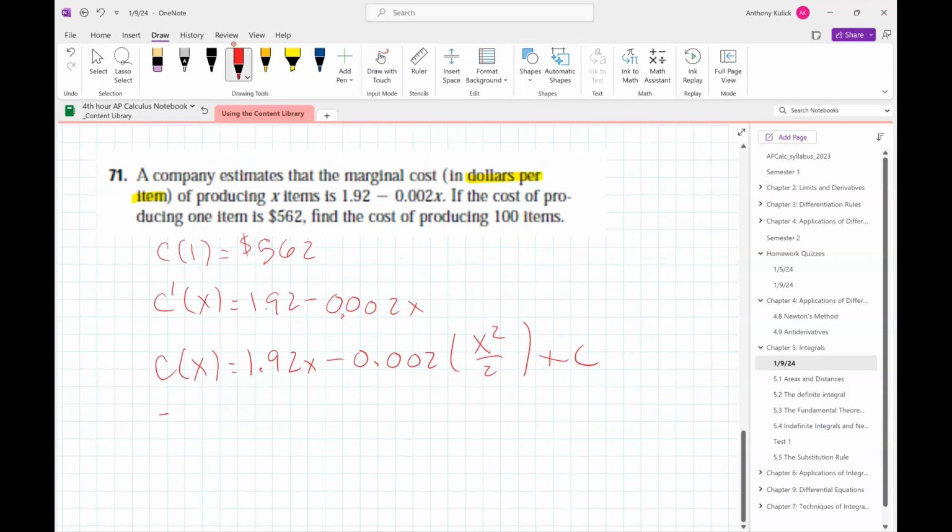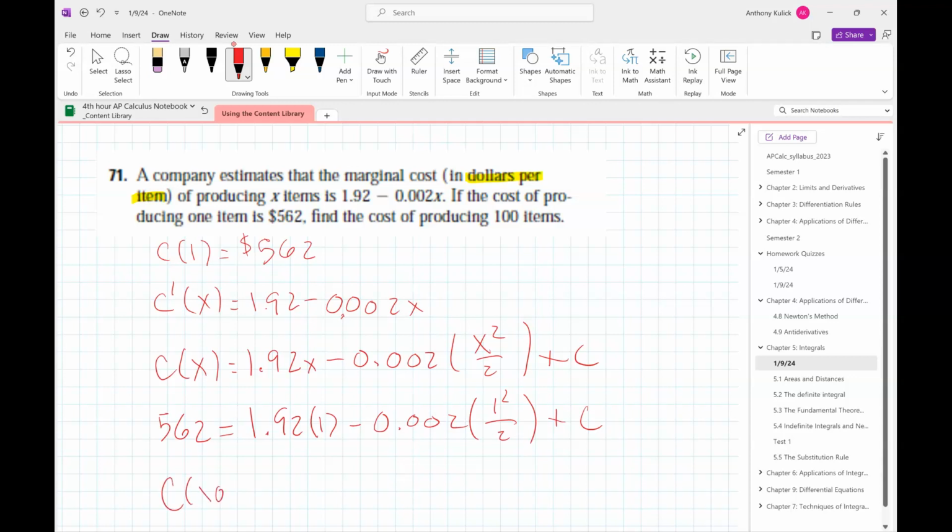And then we'll plug in to solve for C. And then whatever that value is gives us our C of x, and we just do C of 100 then with the C that we just solved for. Does that feel okay? So again, the key here was recognizing that this marginal cost, because it was a rate, was the derivative of the cost, right?